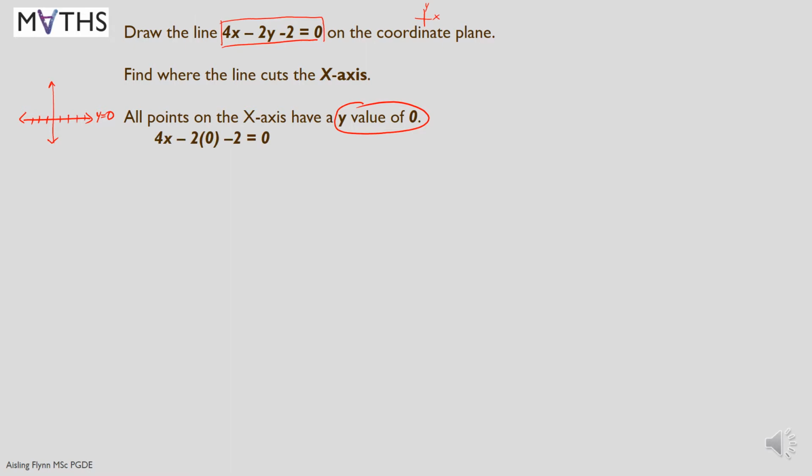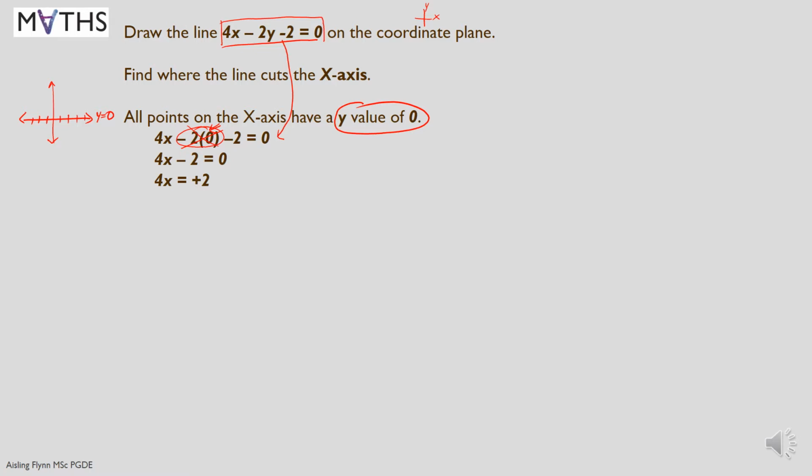So what we do now is we take the equation of the line and we put 0 in here instead of the y. So we have 4x minus 2 times 0 minus 2 equals 0. When you multiply anything by 0, it becomes 0, so that disappears, and we have 4x minus 2 equals 0, and now we're going to solve for x.